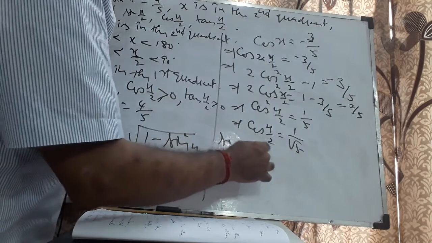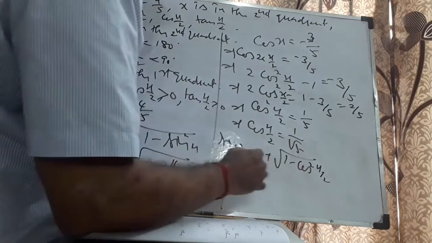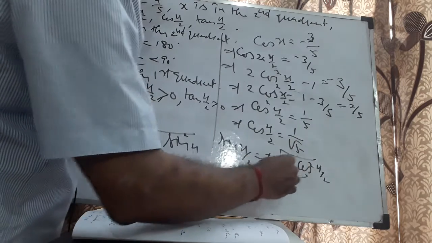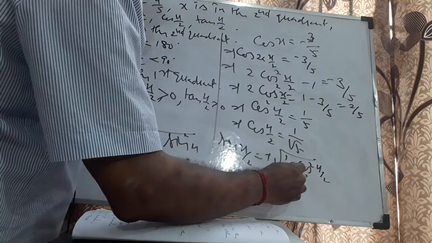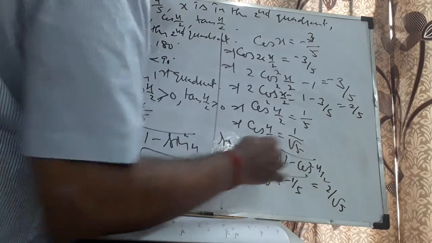Now sin x by 2 is plus root of 1 minus cos square x by 2, plus root of 1 minus 1 by 5, which is anyway 2 by root 5.